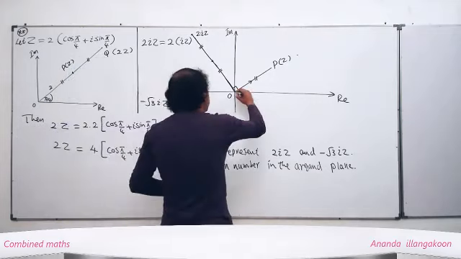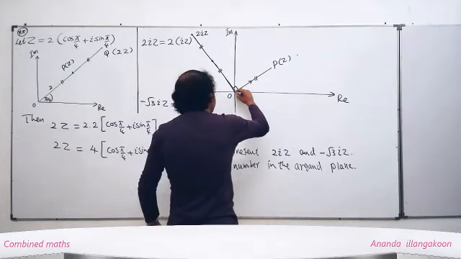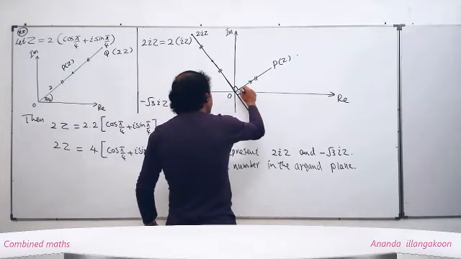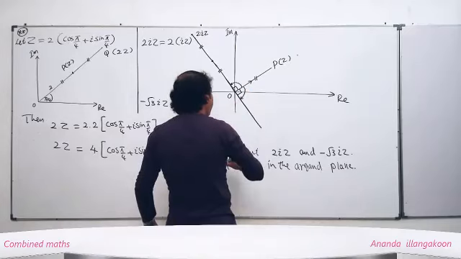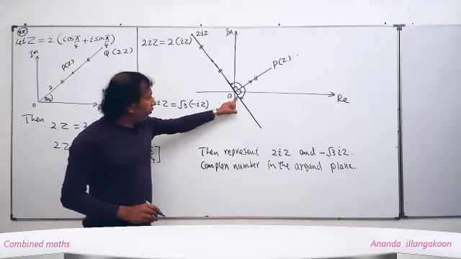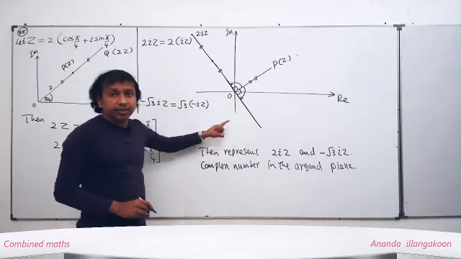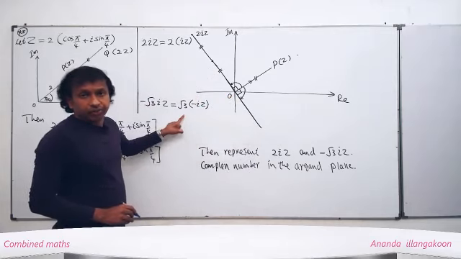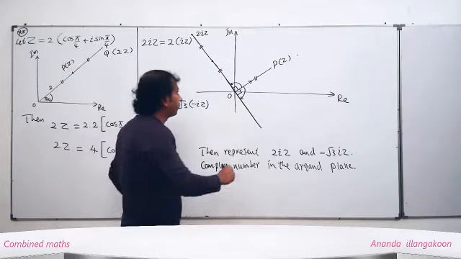Then this position. Here it is rotated in this sense. Until what? Until the length should be extended root 3 times. Root 3 times, right?